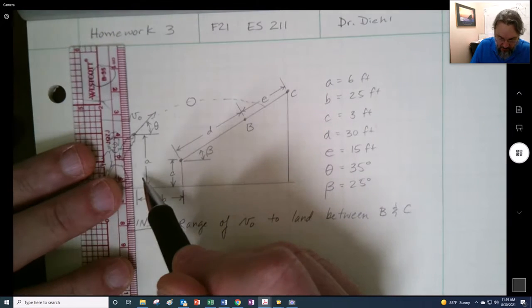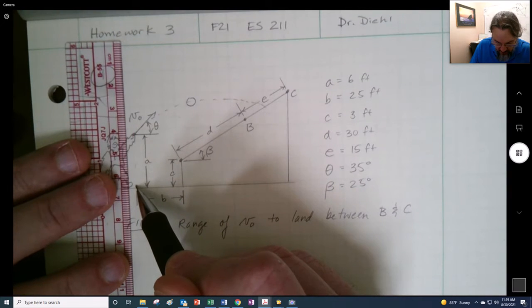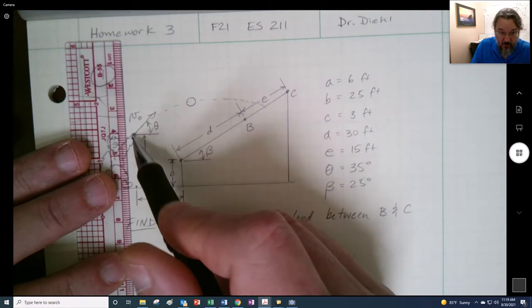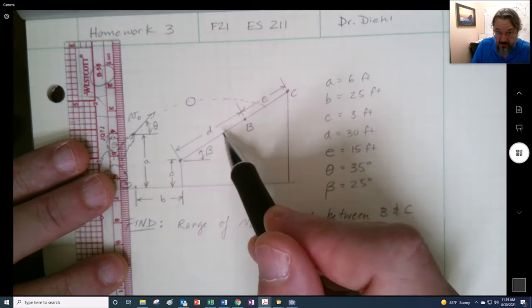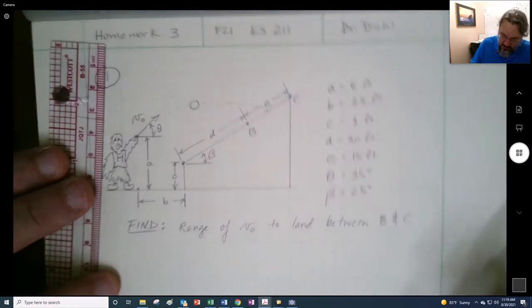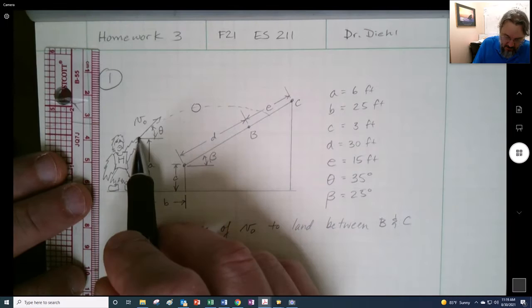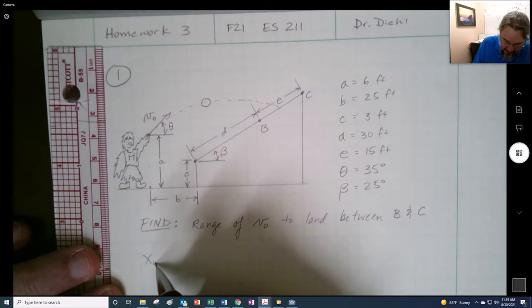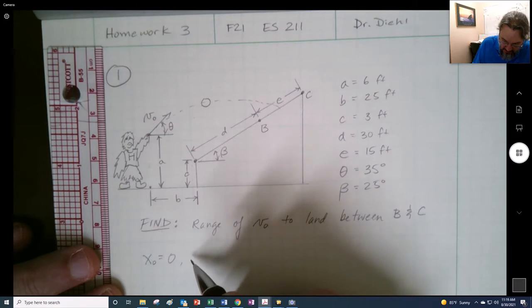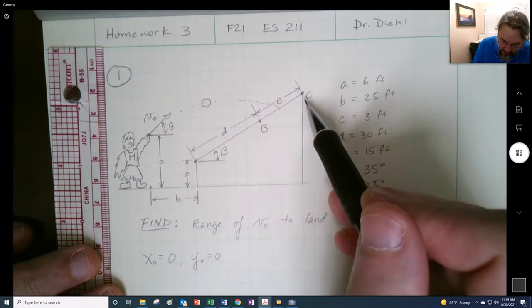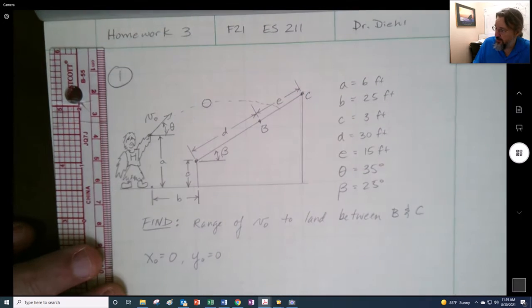You could also have made it down there, and then y0 would have been A, but I think I decided, when I wrote out another version of this problem, to start right up there. I'll say that x0 is 0 and y0 is 0. So I've got to figure out what the coordinates of this point and that point are going to be.